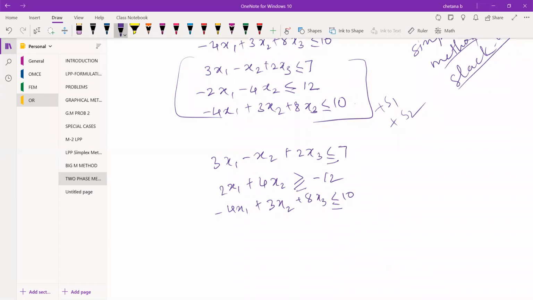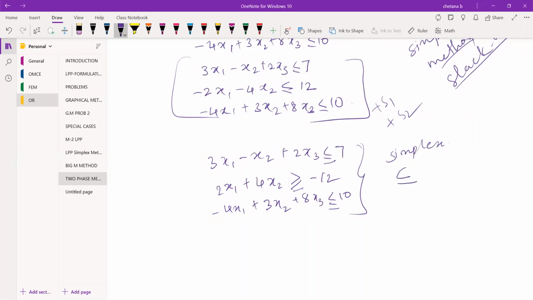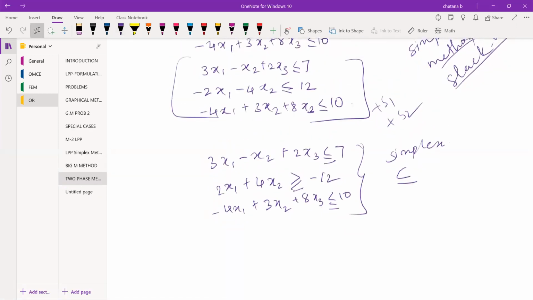So what happens here is there are two things to be considered. One is, if this is solved using the simplex method, then everything must be less than or equal to. So if you are asked to solve this using the simplex, then you need to convert all the symbols to less than or equal to.